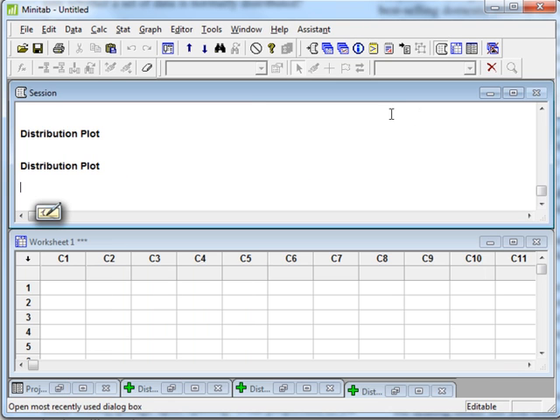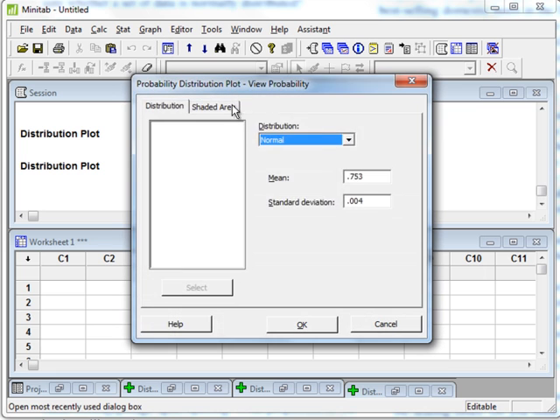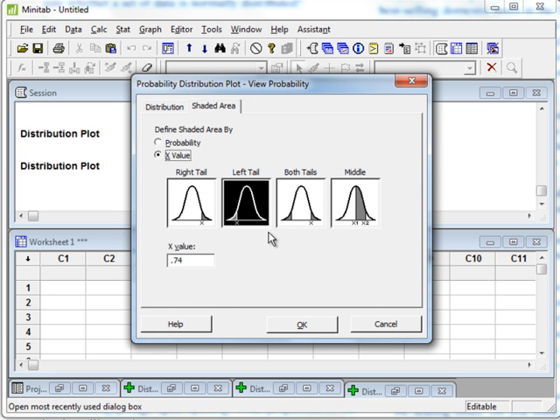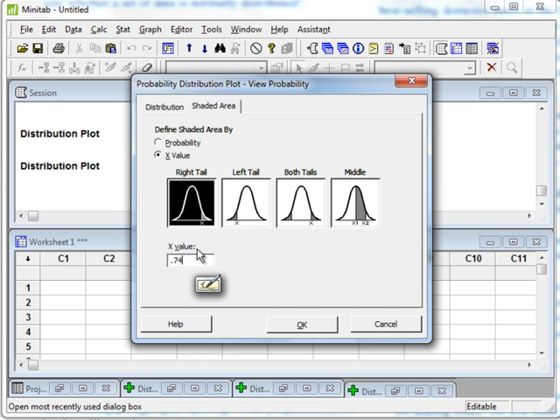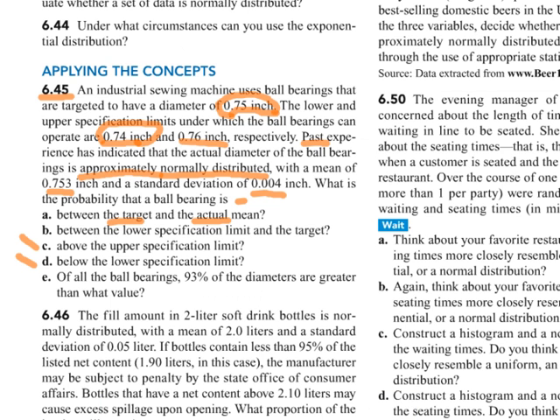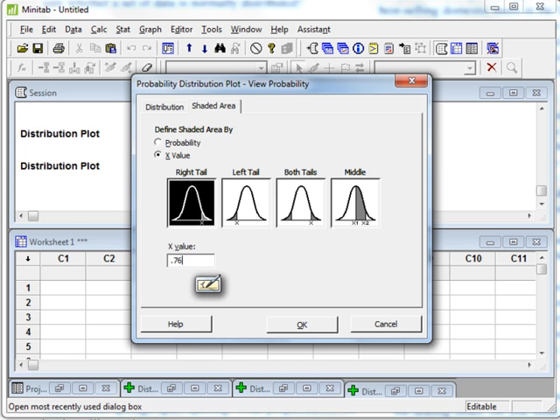Alright, the next one is, what's the probability that it's above the upper specification limit? So that would be a right tail probability, and I need to look at larger than 0.76 because I believe that was the upper spec limit. Yeah, there it is right there, 0.76 inches. So we go back to Minitab.